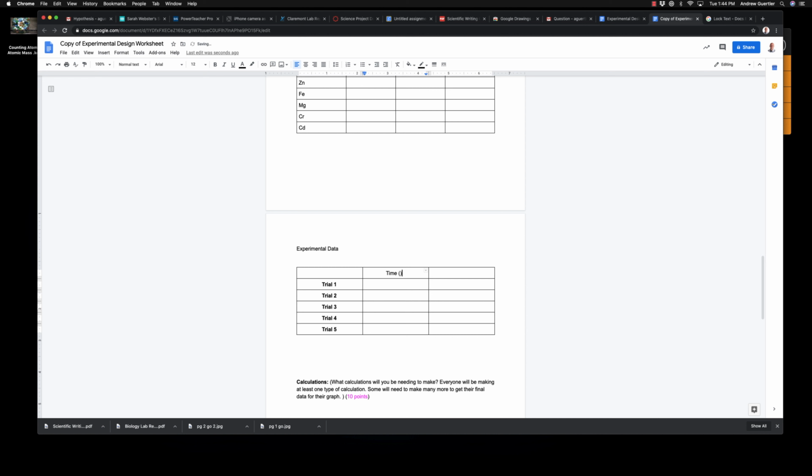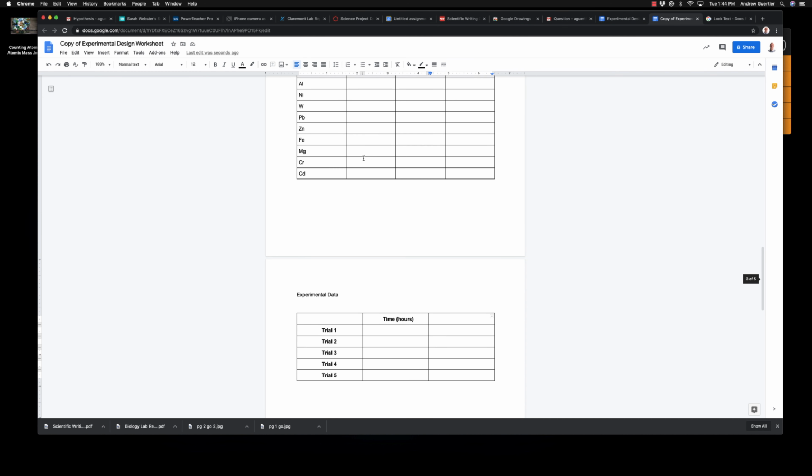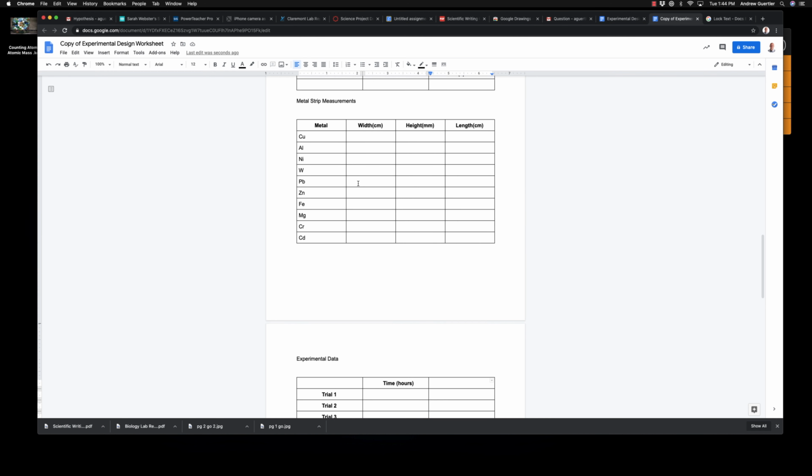I'll do this in how about hours? That needs to be constant, right? We can pick the time later. We don't have to put that in there now. We can put that in our procedure later. We already know from this data table the metal size used.